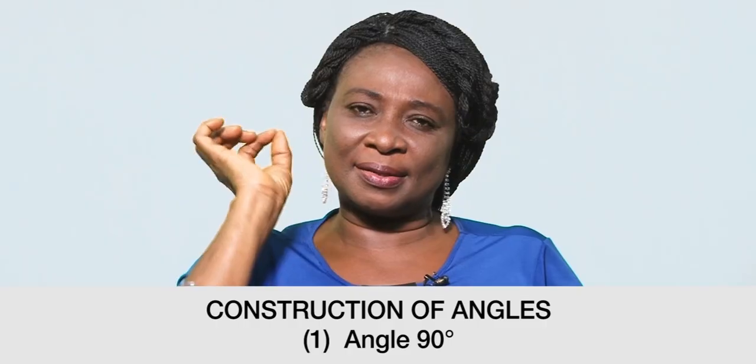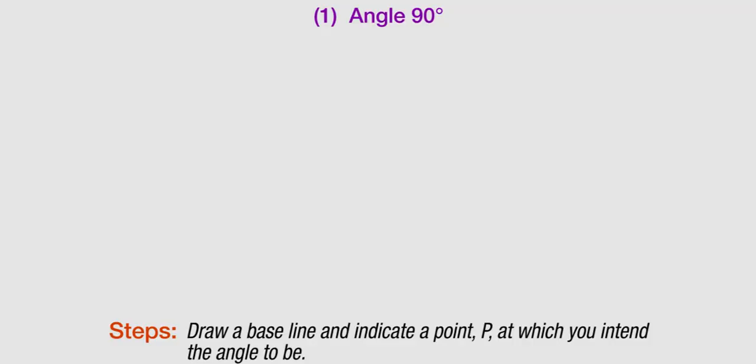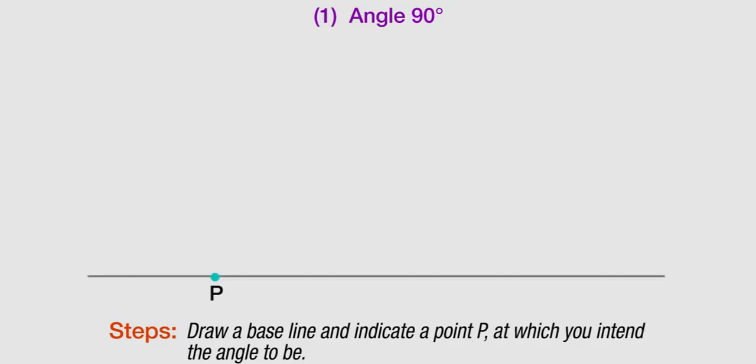I now want us to go through the process of constructing some special angles. Let us start with the angle 90 degrees. Here are the steps, and I hope you have taken your constructional materials and you will go along with me. Step 1. Draw a baseline and indicate a point P at which you intend the angle to be.